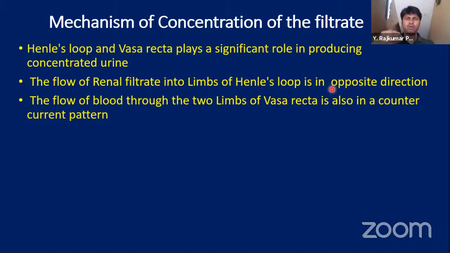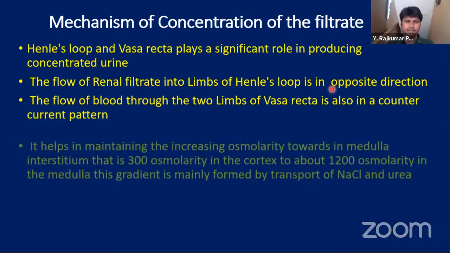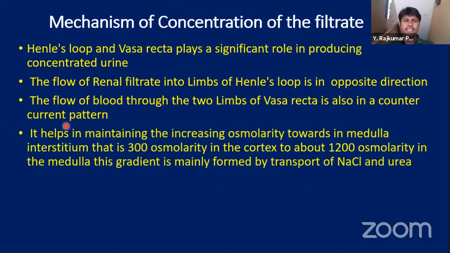Hence, it is called the countercurrent mechanism. This countercurrent mechanism helps in maintaining increasing osmolarity in the medullary interstitium, that is 300 osmolarity in the cortex to the 1200 osmolarity in the medulla. This gradient is mainly formed by transport of NaCl and urea.